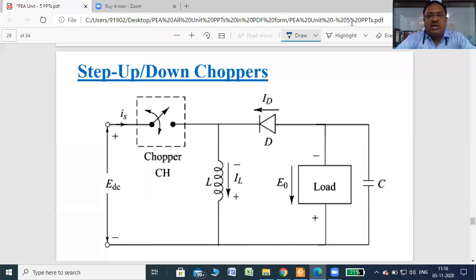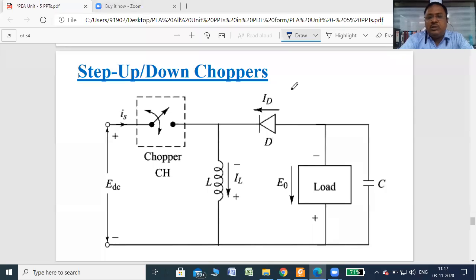Give your attendance in the chat box and then unmute yourself, anyone, and try to explain the working of this circuit called a step up down chopper. Pallavi Chauhan, is there any problem?